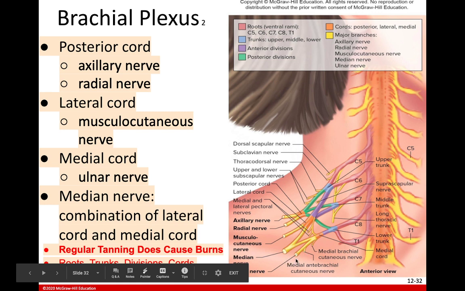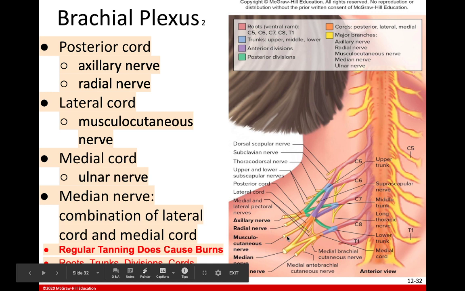When you are looking for the M, the superior nerve is the musculocutaneous, the middle thicker one is the median, and then the lower, the inferior one is the ulnar. So it's musculocutaneous, median, ulnar in that M from superior to inferior. And then the other two, superior to inferior, are axillary and radial.